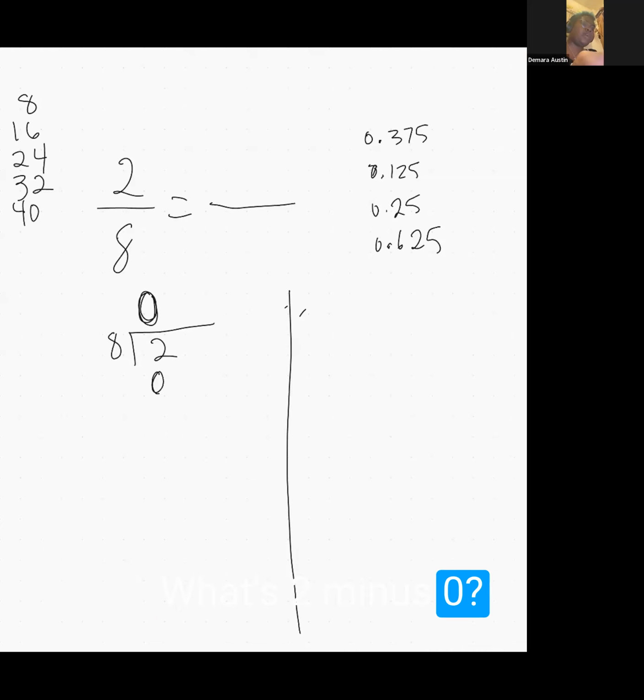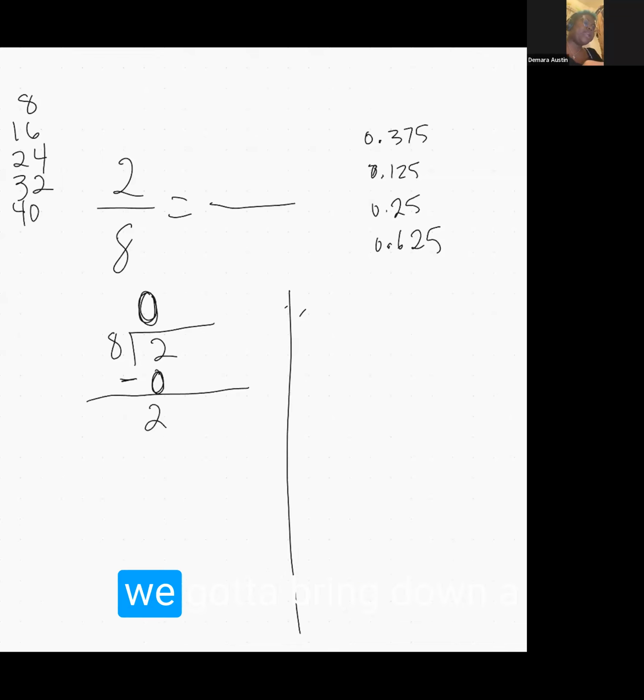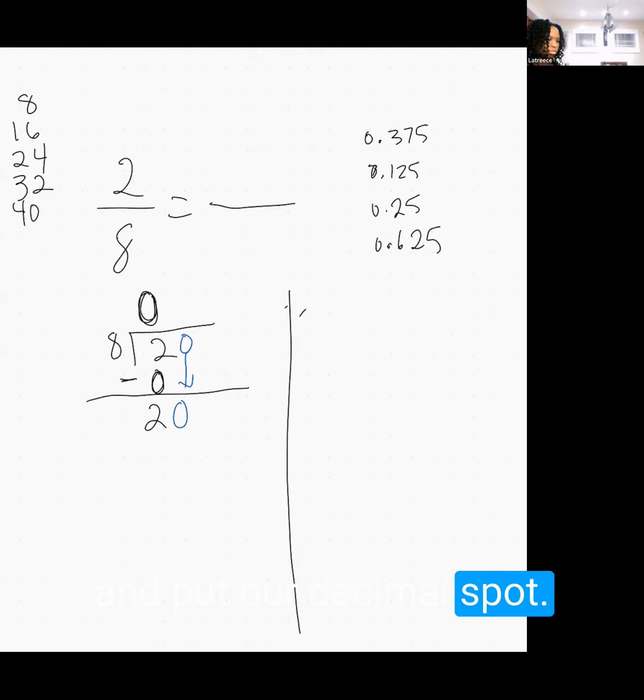What's 2 minus 0? 2. And then remember, we have to bring down a 0 every time, and put our decimal spot.